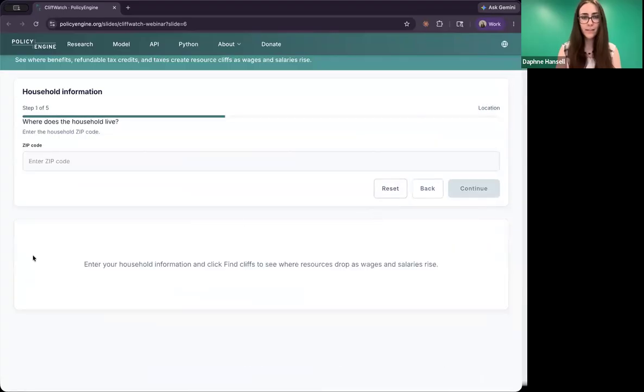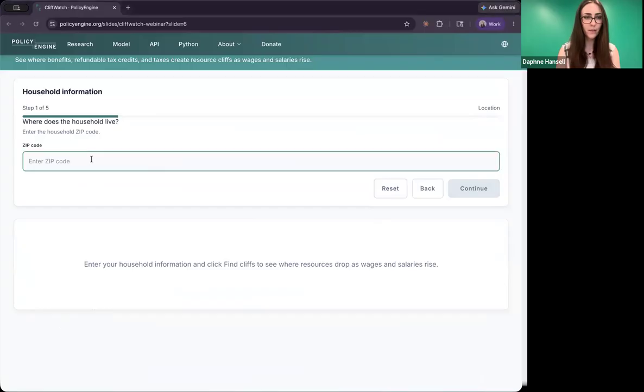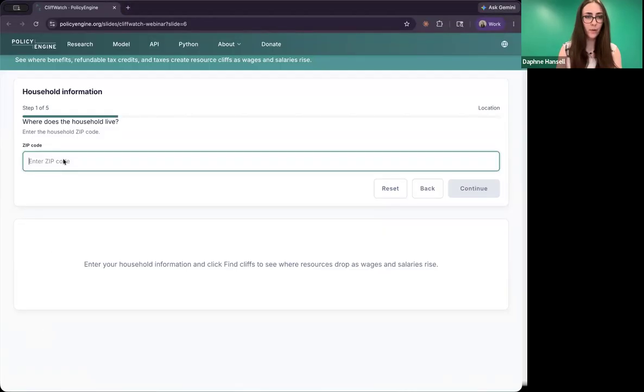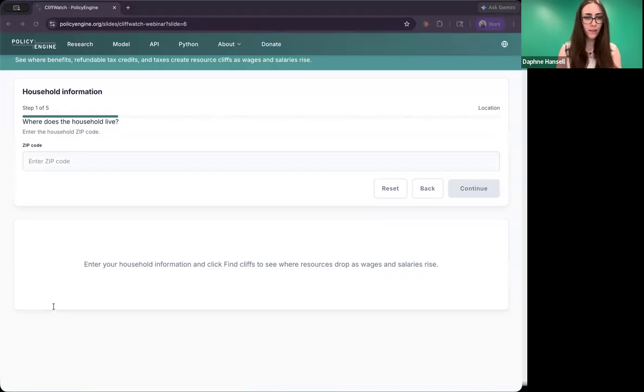Now let's go to a slightly more fun example. Let's go to Georgia. Sorry.